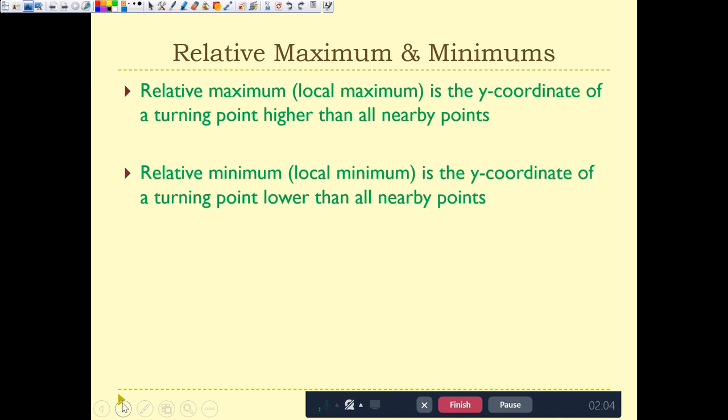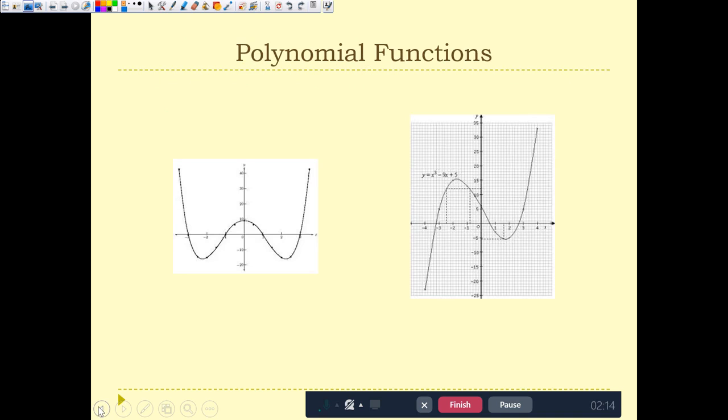The relative maximum and minimum. The relative maximum, also known as the local maximum, is the y-coordinate of a turning point higher than all the nearby points. So for example, this would be my maximum because it's the turning point. Technically my graph keeps going on forever in both directions, but the highest turning point is your maximum.